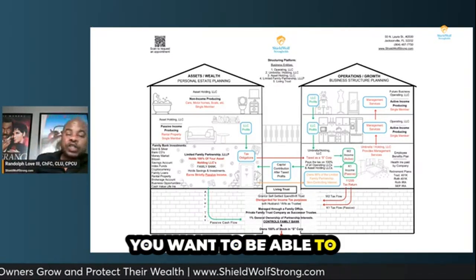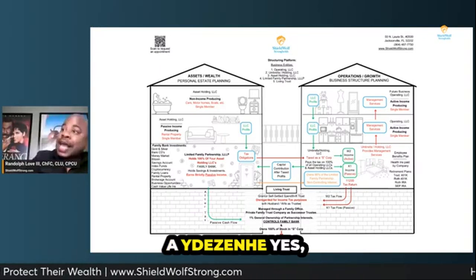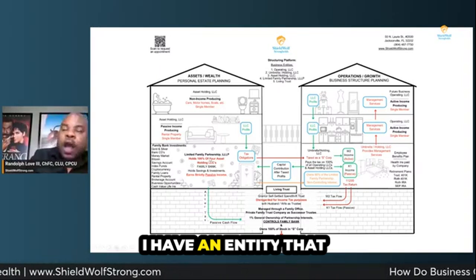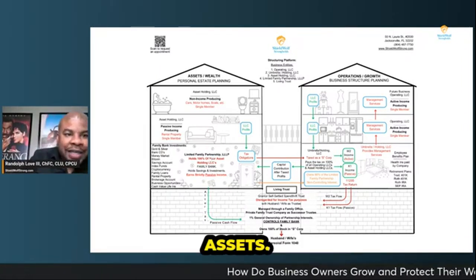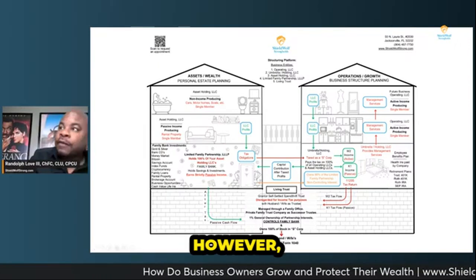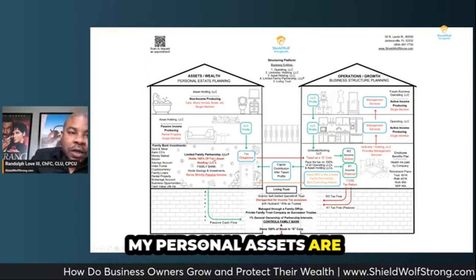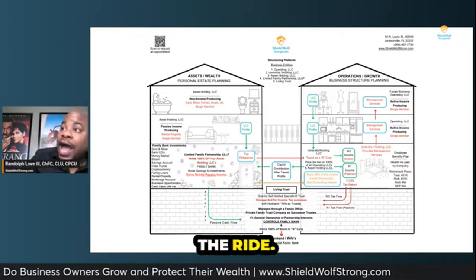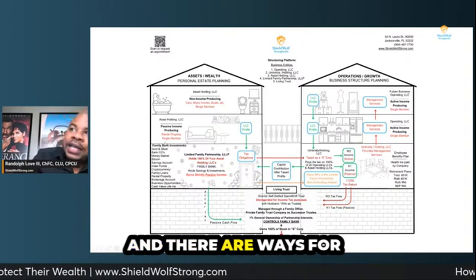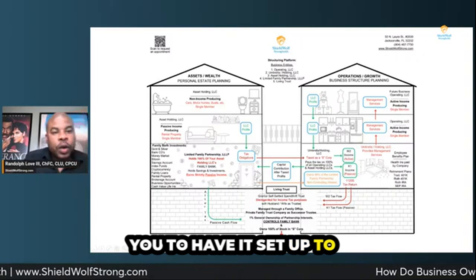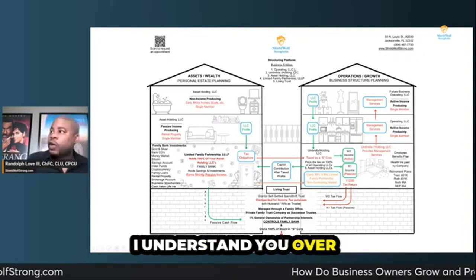You want to be able to show that, yeah, hey, yes, I have an entity that owns a lot of what were my personal assets. Absolutely. However, my personal assets are just coming along for the ride. This is a real business. And there are ways for you to have it set up to where, because I understand you're over here on the right side.